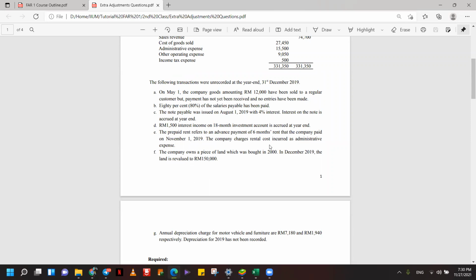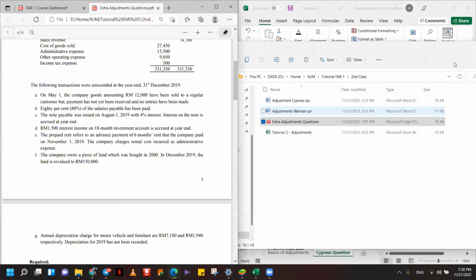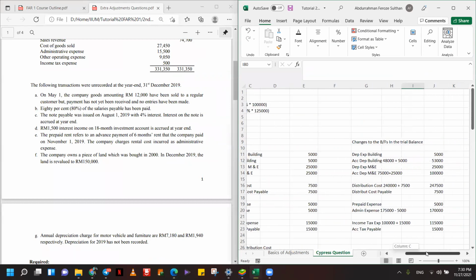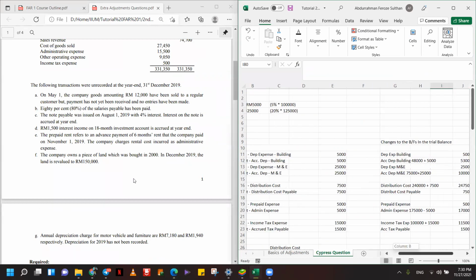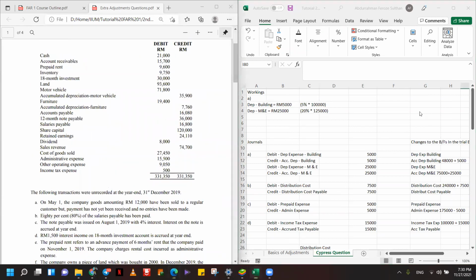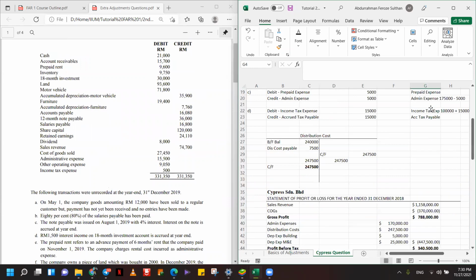In December 2019, the land is revalued to 150,000. So how you would make the change for that is you would debit land. You have land over here. You would debit land and you would credit revaluation reserve or revaluation surplus. Both are the same.